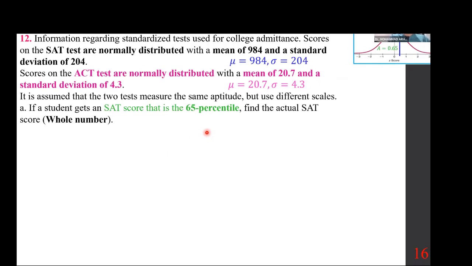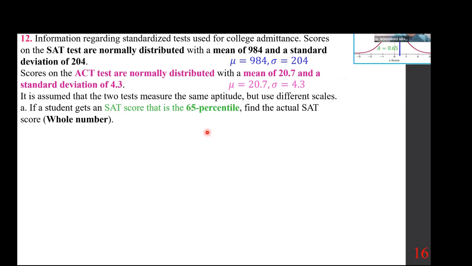From the z-score, for SAT, using this information, we go to the X. So the area to the left is 0.65. We need to find the z-score.